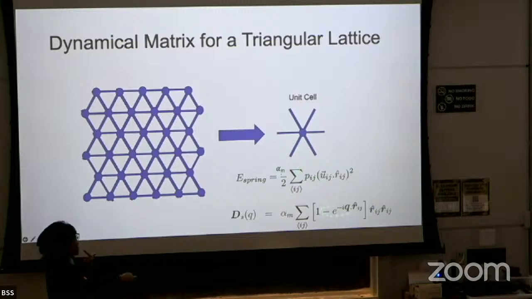You have the self term when i and j are the same, and the non-self terms when i and j are different. Then you have to sum this over all of these 6 bonds. So the spatial information comes from the spatial coordinates of all of these bonds.